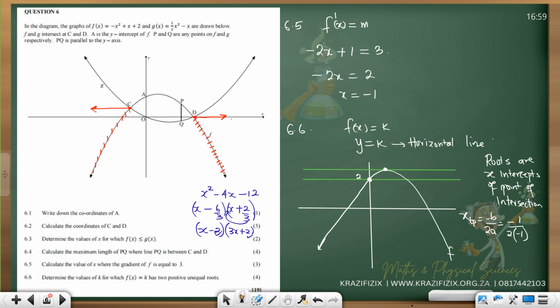What would that be? Half. So please get me the y value of the turning point. I'm sure you remember how to do that. We substitute plus half plus 2. Please get me the y value. That's why it's 4 marks.